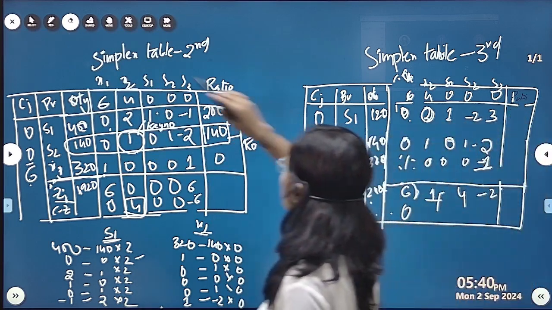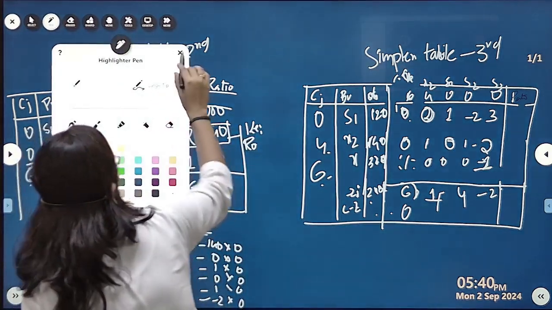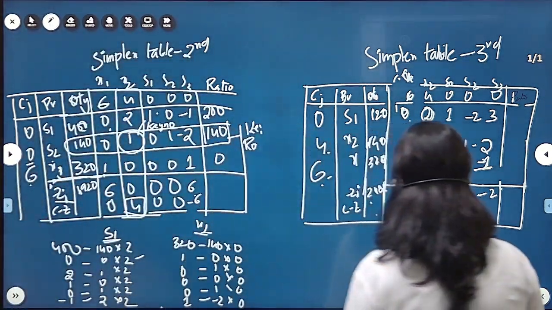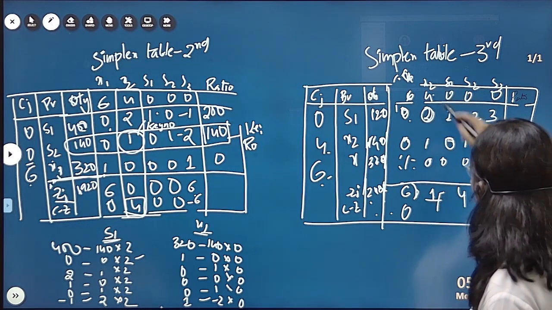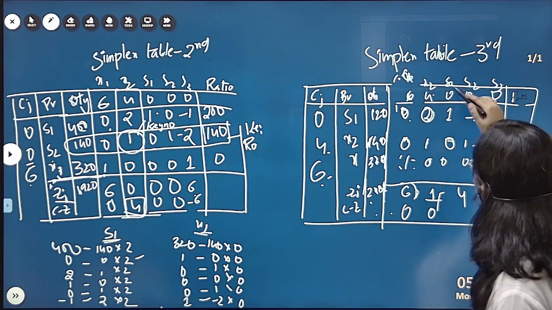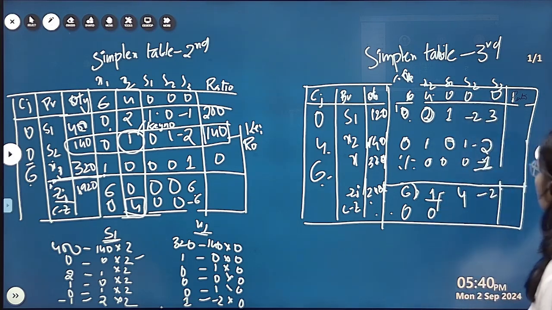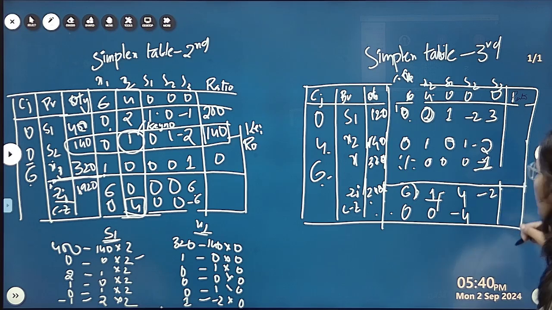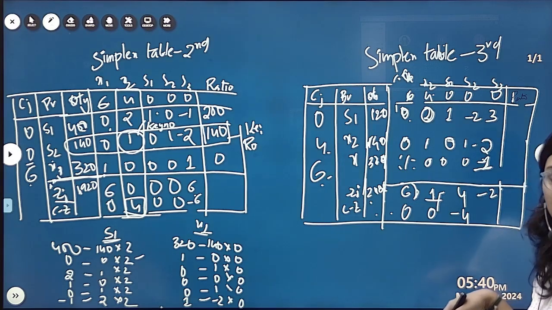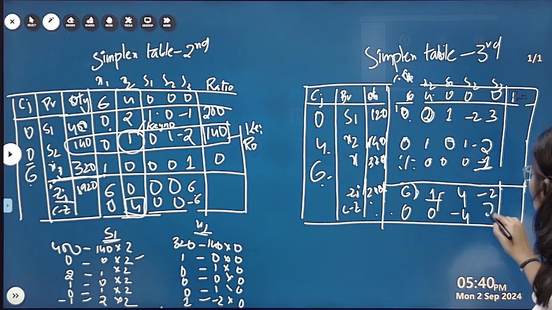So do that C minus Z values. C minus Z, 6 minus 6, 0. And next 4 minus 4, 0. And here 0 minus 4, minus 4. Here 0 minus minus 2, minus into minus is plus, so it will be 2.